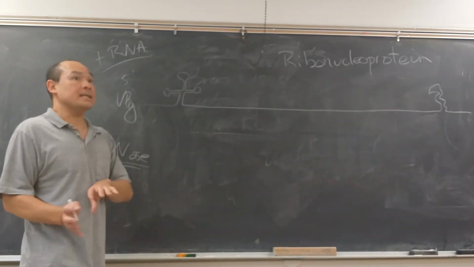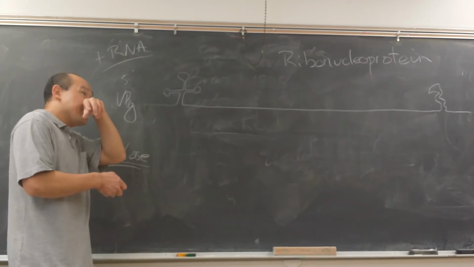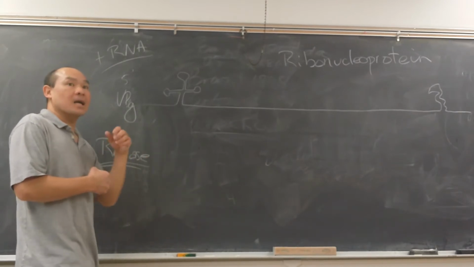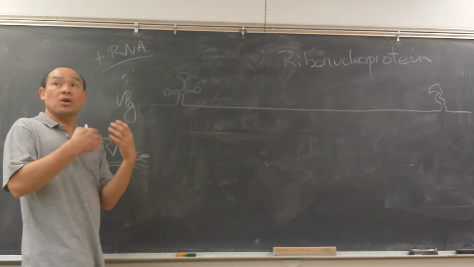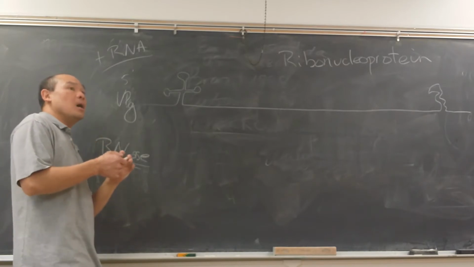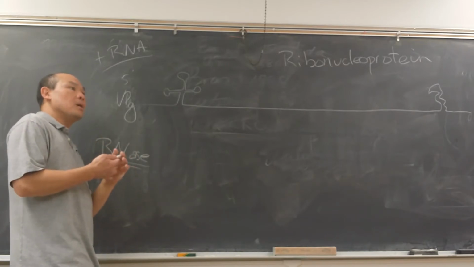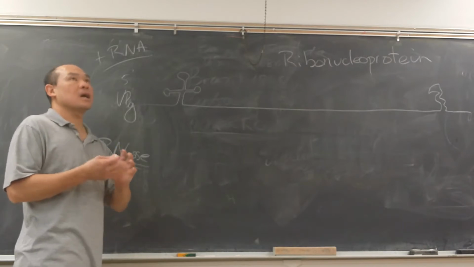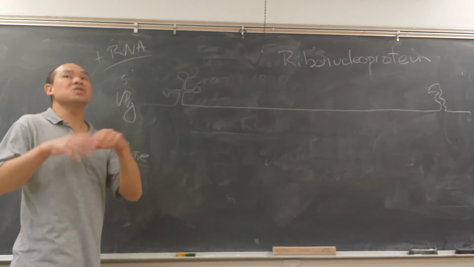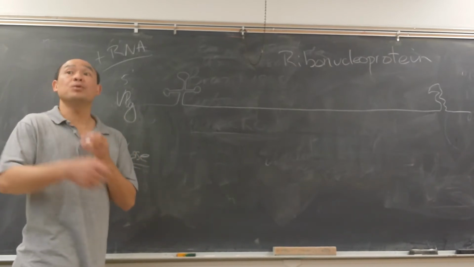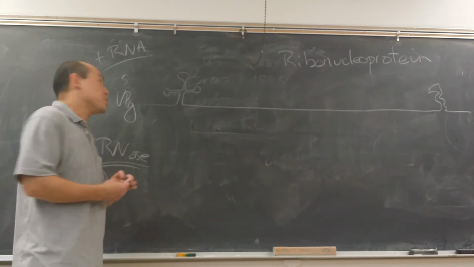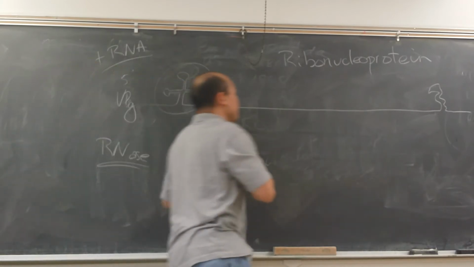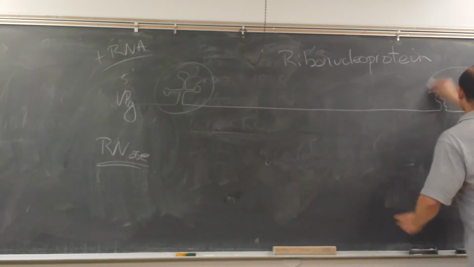Now, once in the cytosol, in order to start translation, a couple of host cell proteins will bind. So you will have binding here and binding to the other end.